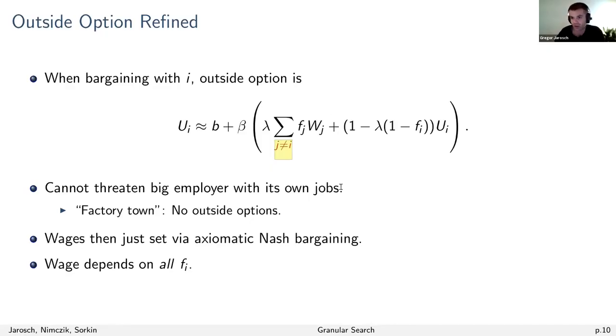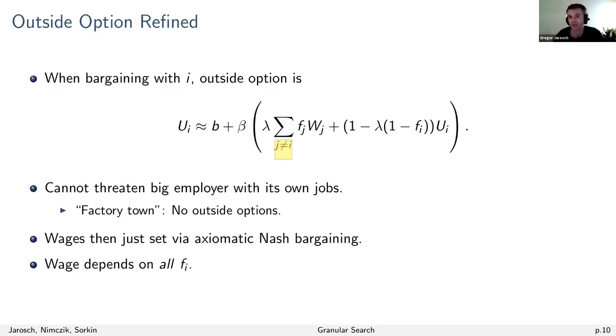So again, in a world where there are just a few large employers left, you can't really threaten them with their own jobs. And so you can immediately see how consolidation of many competing employers into larger entities reduces the amount of competition for workers and depresses wages.